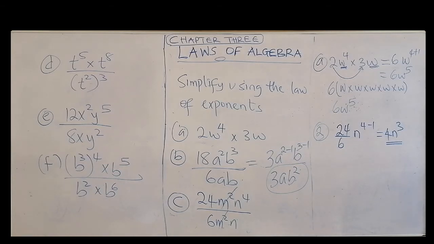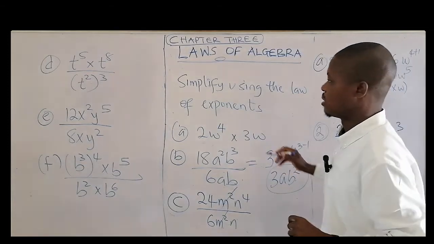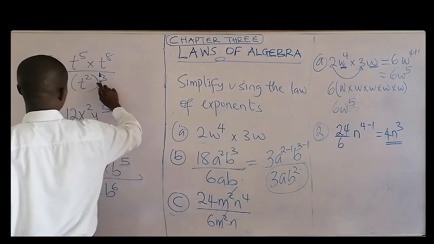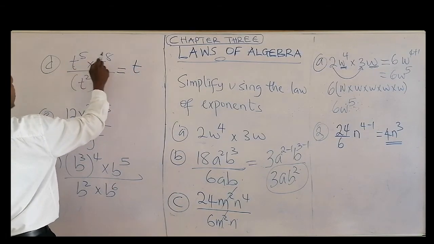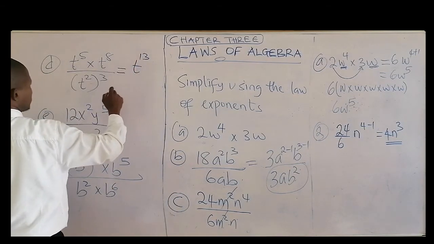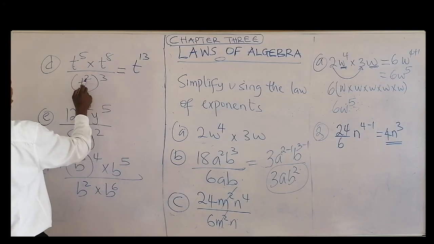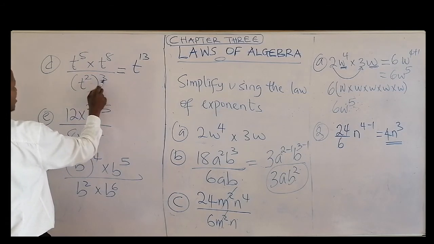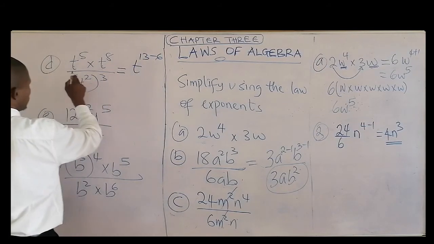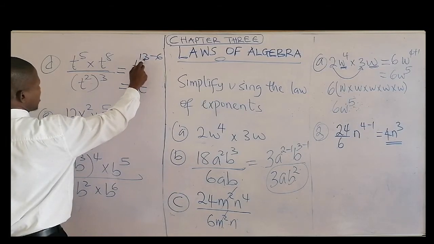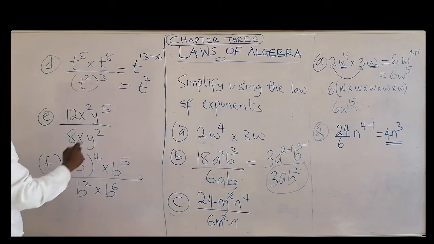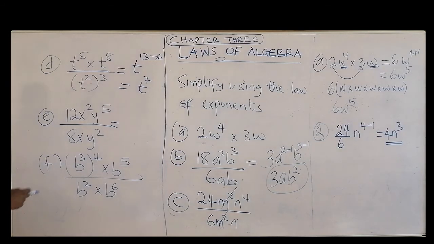So this one will be equal to what? They have the same base. Take one of that. 5 plus 8, that's 13. Then this is 2 times 3, that's 6. Then apply the law of division, and that was T7. Here also, 2 goes there, that's 6.